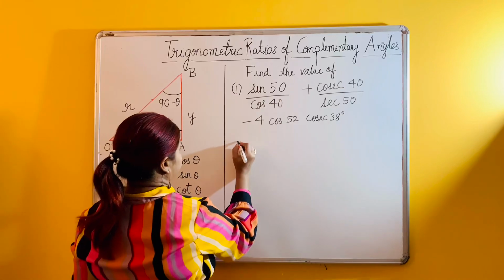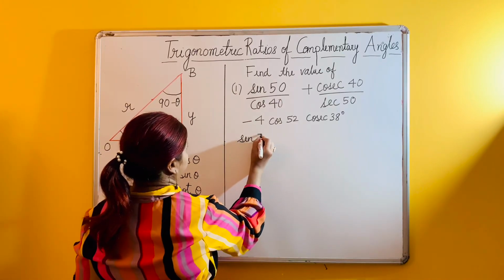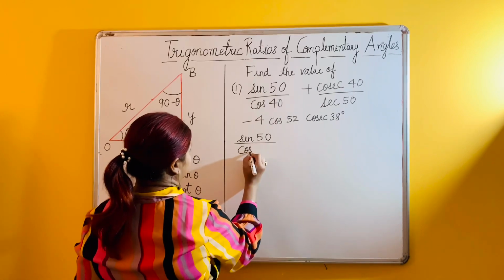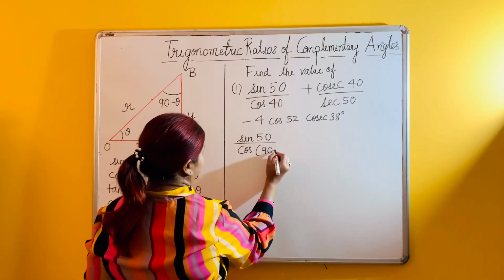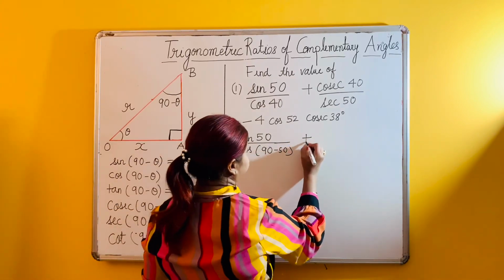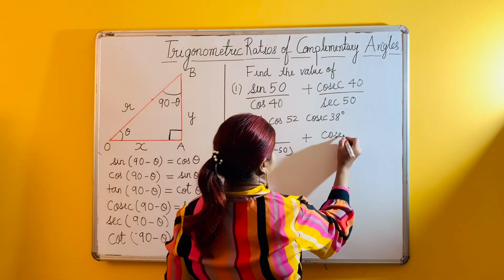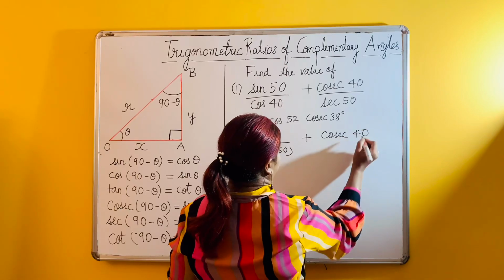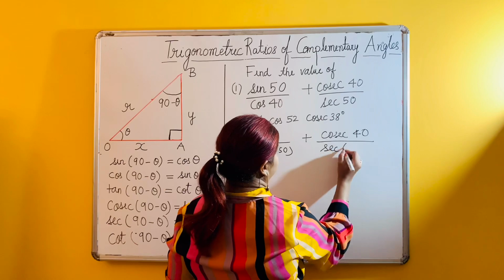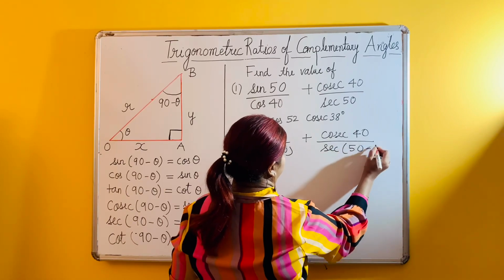So first step is sin 50, cos 40 can be written as cos 90 minus 50, and this is again sec 50 can be written as sec 90 minus 40.